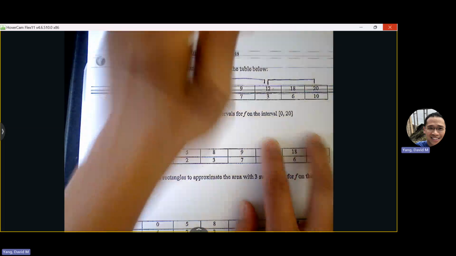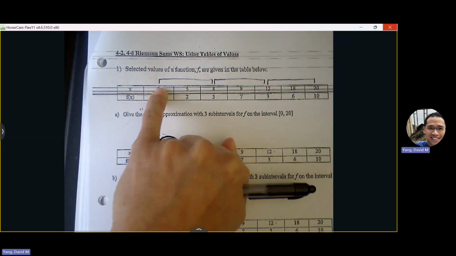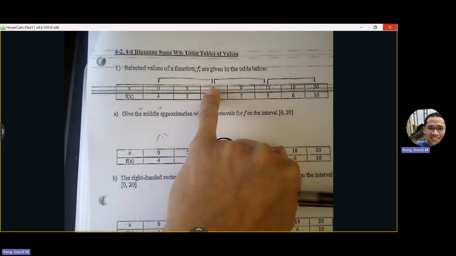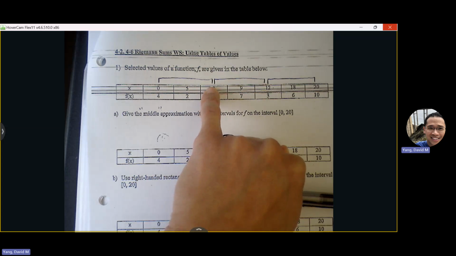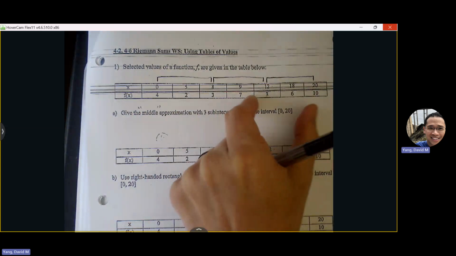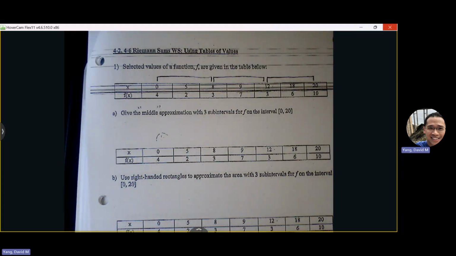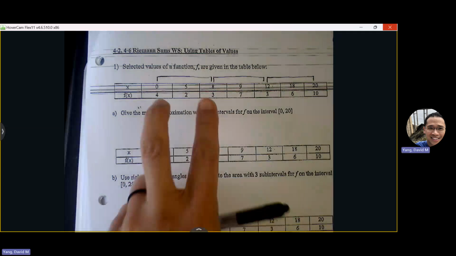Now, when you draw your intervals, you're always going to start at the middle of your order pair and end at the middle of your last order pair. And then your second interval is going to pick up where you left off. You're always going to have a shared order pair to move on to the next one. Right? We don't want to do 1, 2, 3, and then the next one starts with the fourth one. You're always going to have a shared overlapping endpoint from one interval to the next.